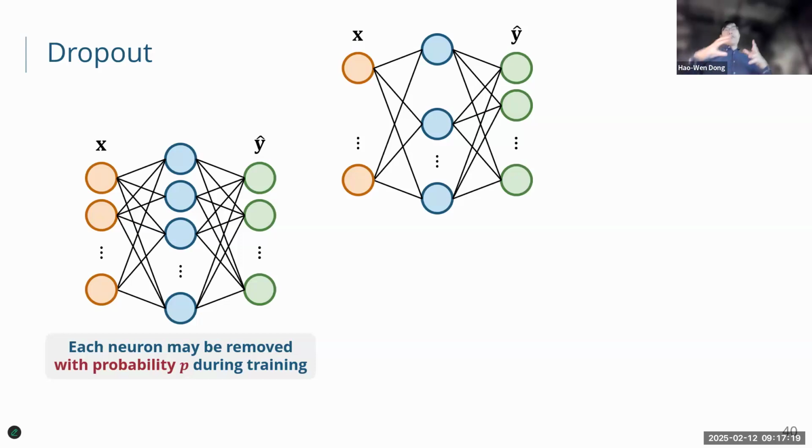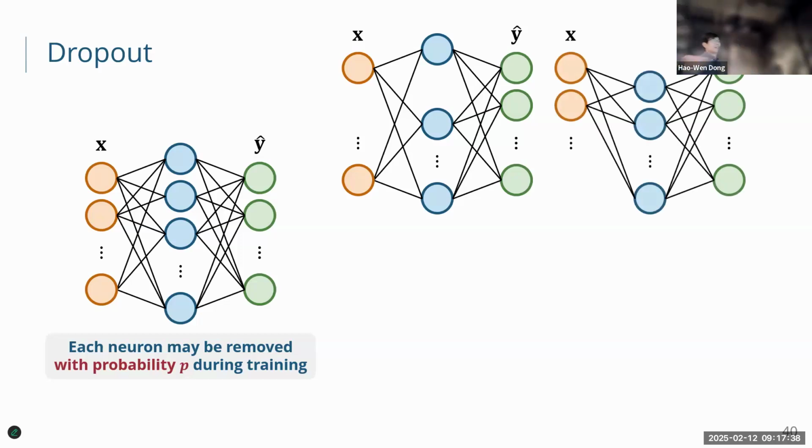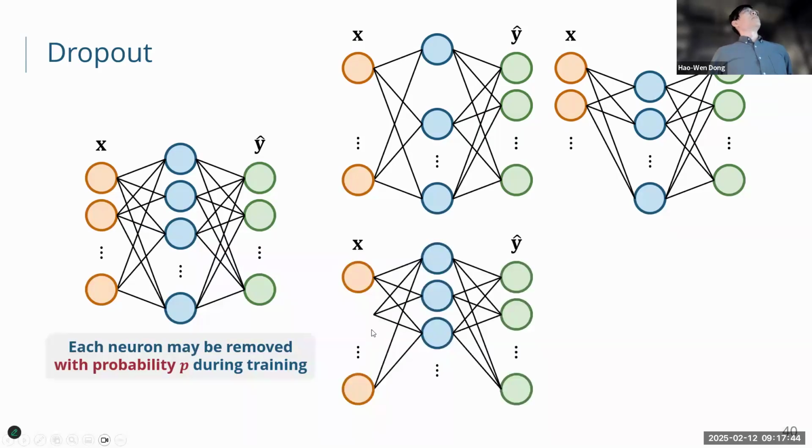On the other hand, you could block the ears, then the model has to leverage other features of cats and dogs to classify your images. That's the idea. Basically, at each training round, you have a different version of your model where part of it is gone.